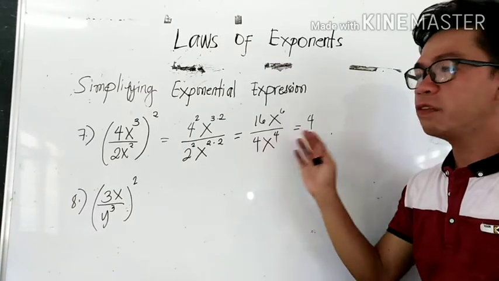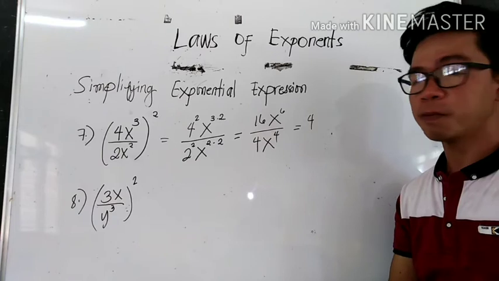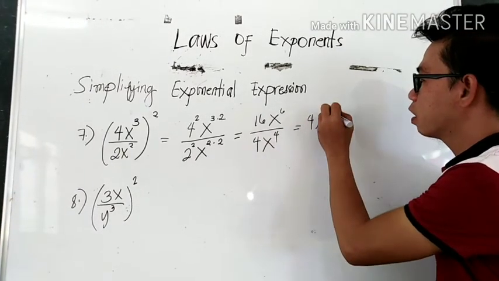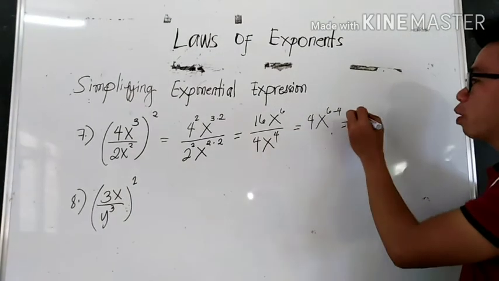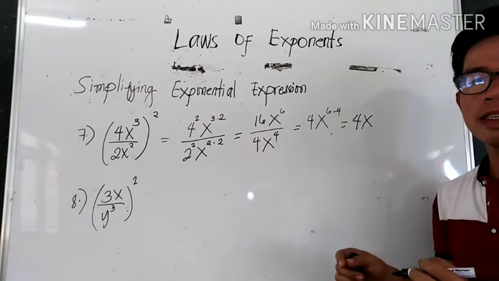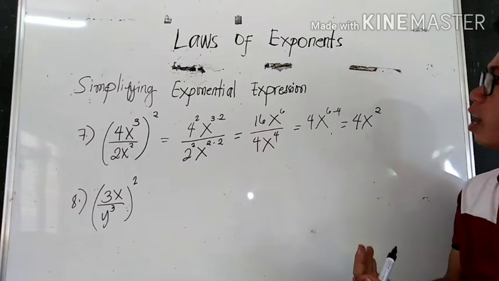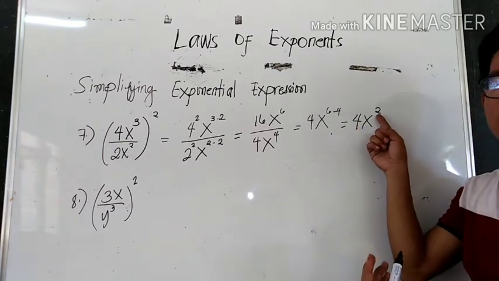In the division rule, we subtract the exponents. x, 6 minus 4 is equal to 2. Our answer is 4x squared.